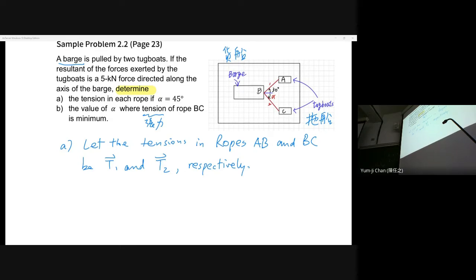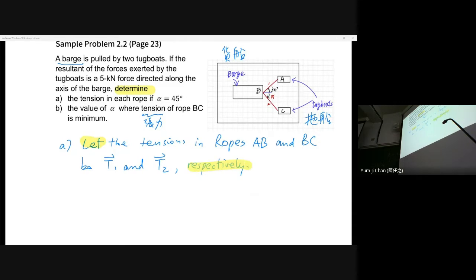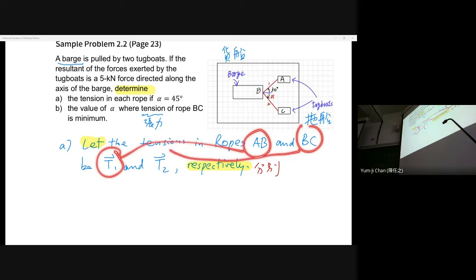So we saw the word here, let, and this one, respectively. So AB is this one and BC is this one, if you write the word respectively.